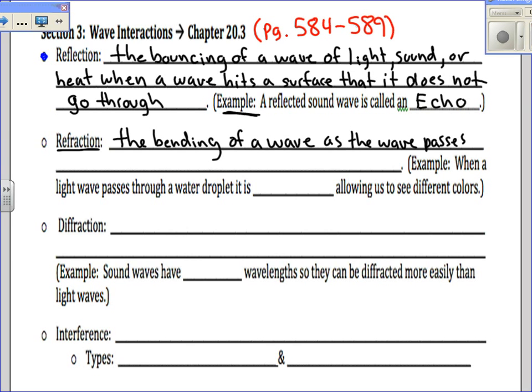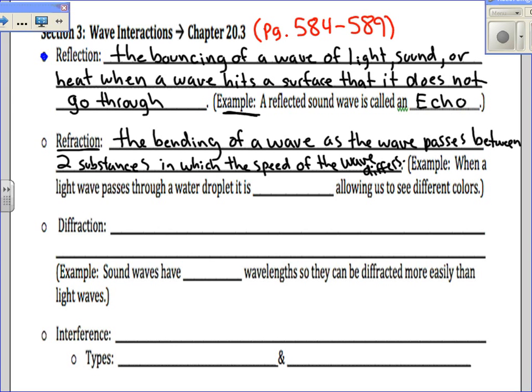As the wave passes between two substances in which the speed of the wave differs.